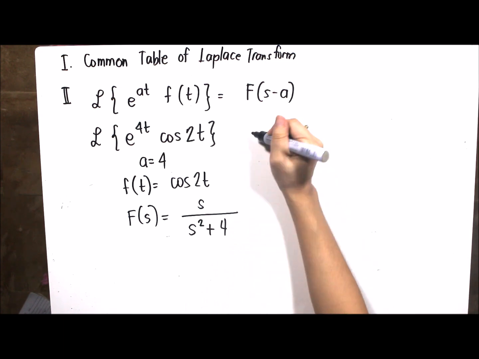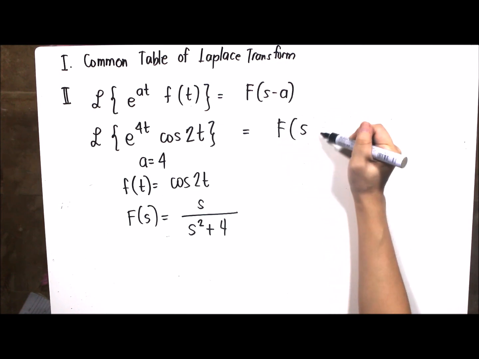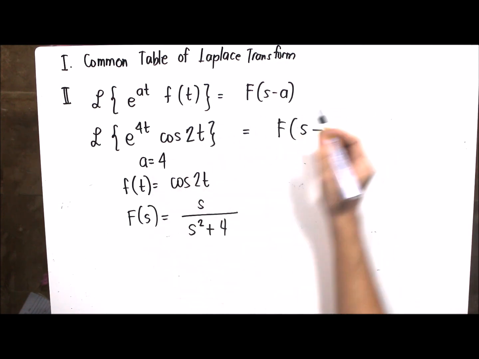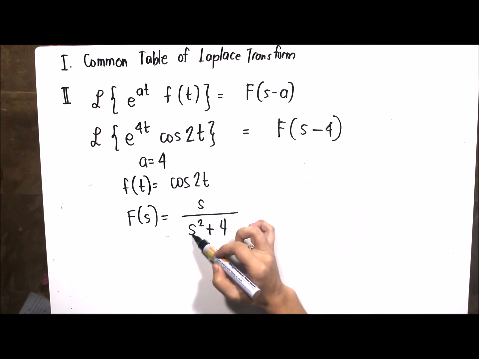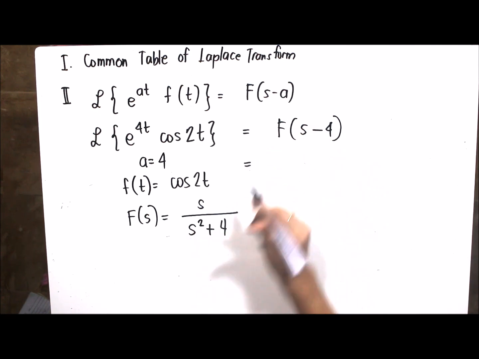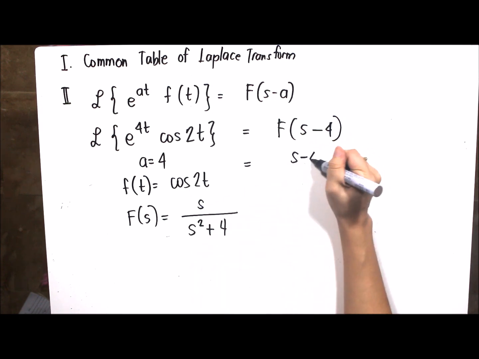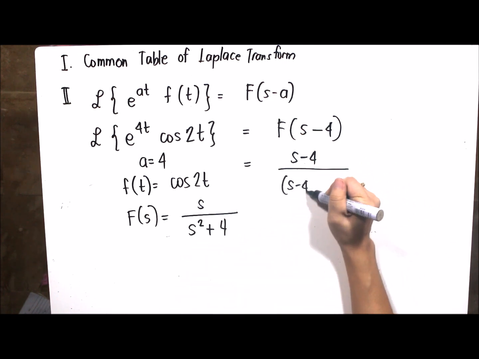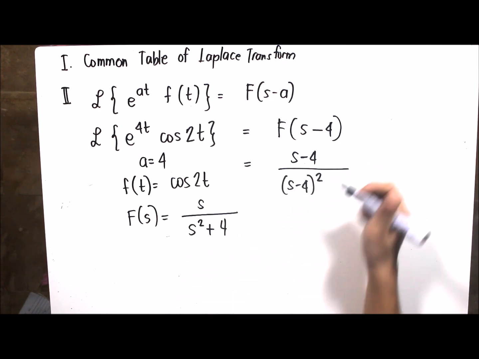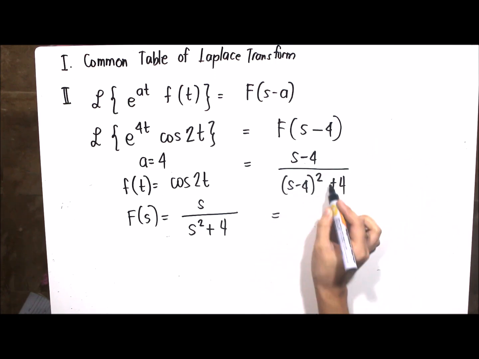Next thing is that you have to solve for F of s minus a, where a is 4. Isa-substitute lang natin si s minus 4 sa lahat ng s dito. Therefore, ang magiging sagot natin will be s replaced by s minus 4 over s squared, magiging s minus 4 squared na siya plus 4. So, to simplify, kaya natin expand to.